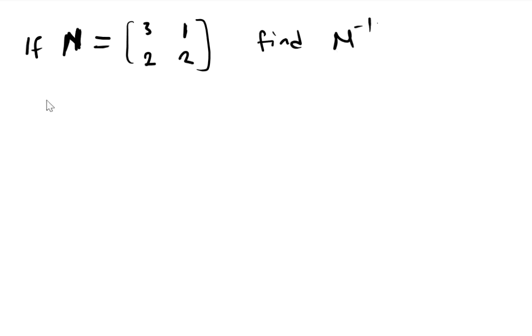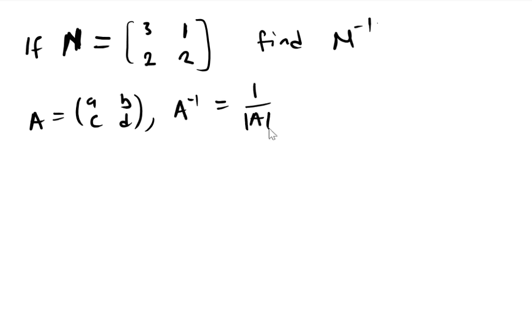Remember the formula. If A is the matrix a, b, c, d, then the inverse of A will be equal to 1 over the determinant of A into d, minus b, minus c, a.